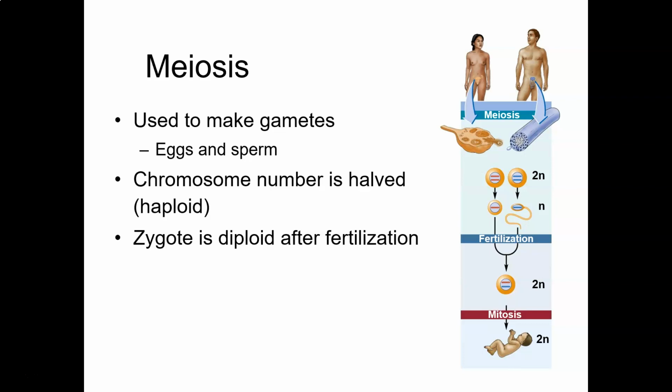You can't have gametes with 46 chromosomes, because if they were fertilized by another gamete with 46 chromosomes, you would double the number of chromosomes in the offspring, and every generation would double the amount of DNA, and that's not going to work. So meiosis is about producing gametes for sexual reproduction.